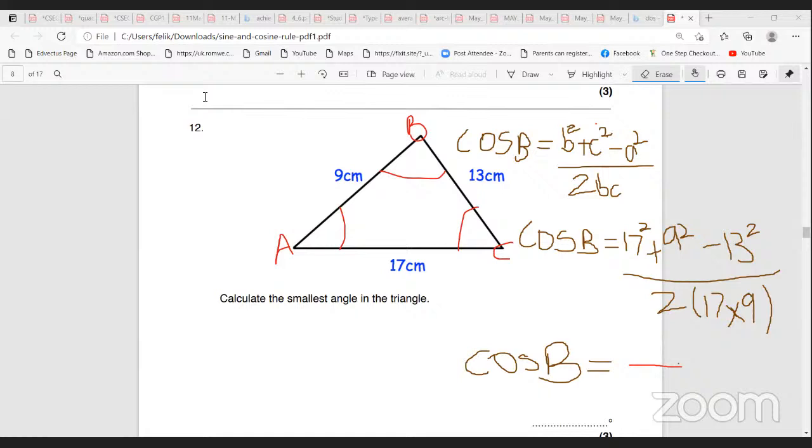Miss, I wrote it up by mistake. Miss, 201. Okay.